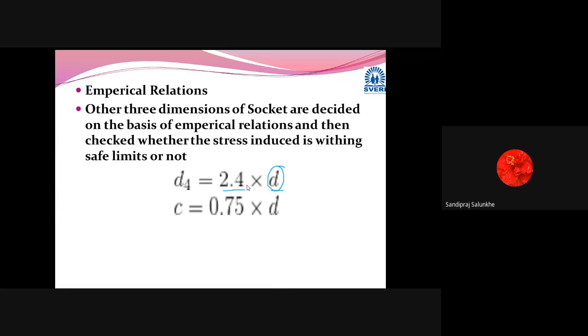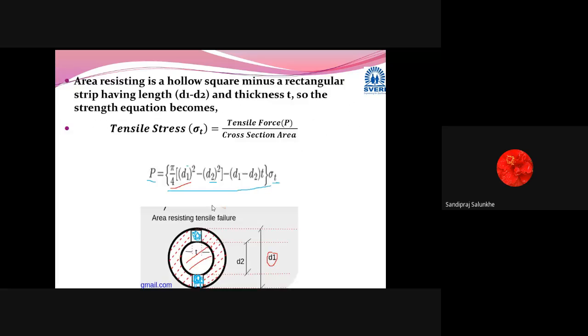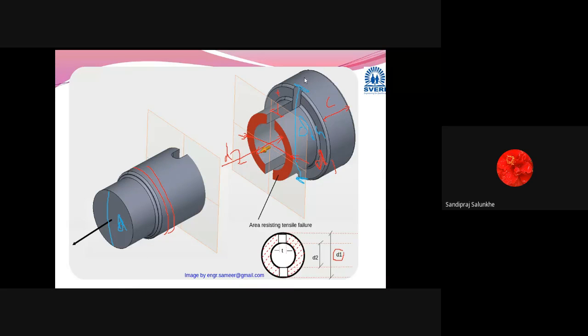Now see, D4 is the dimension of the collar, that is, the diameter of that collar. Here, this is the diameter of the collar we have considered.